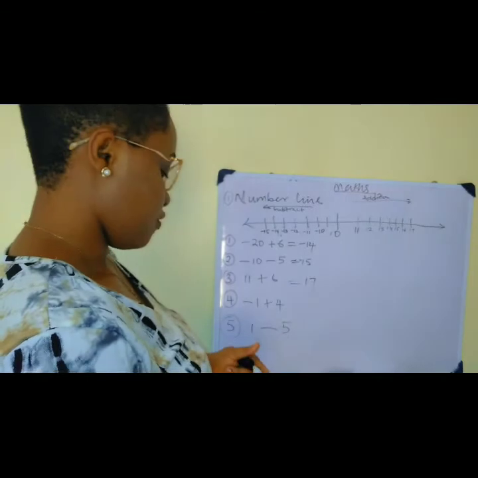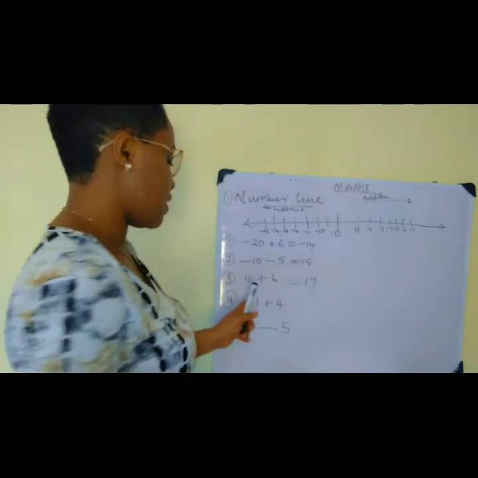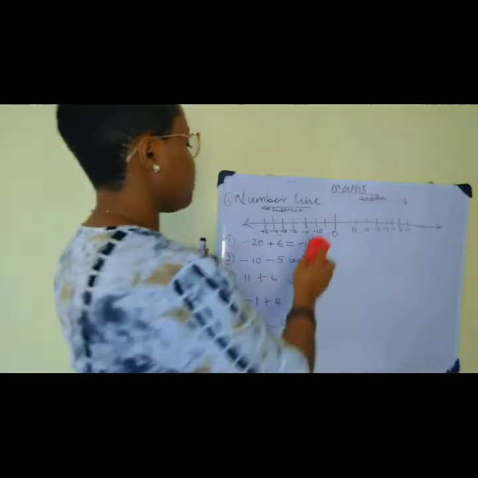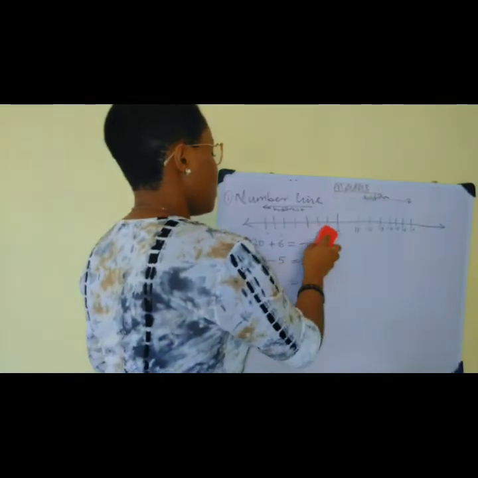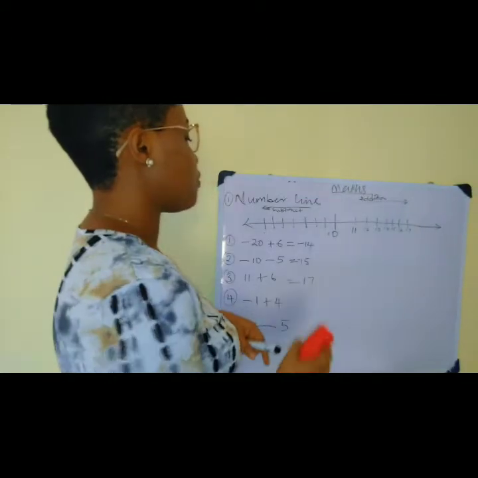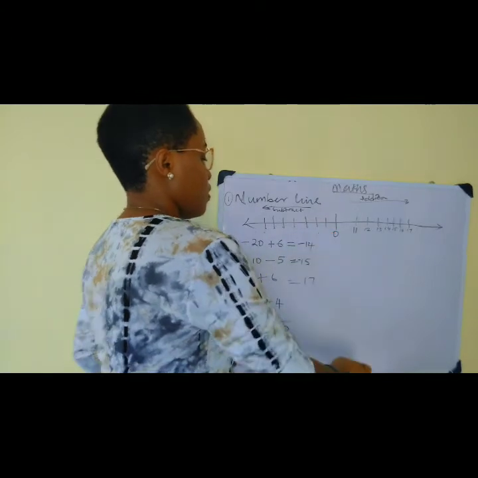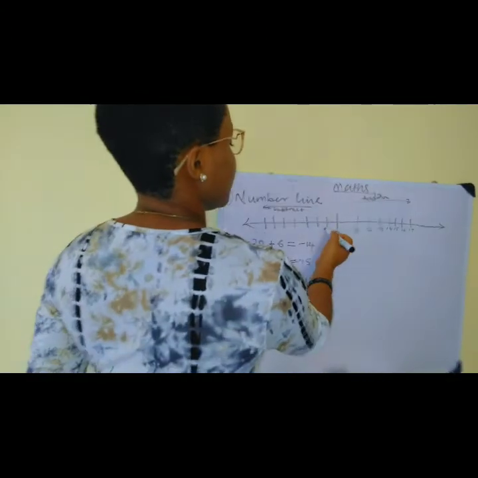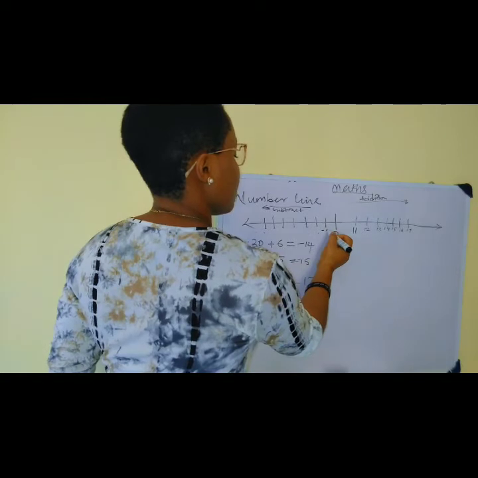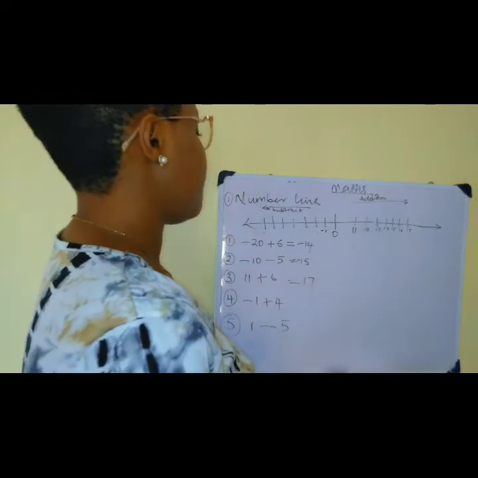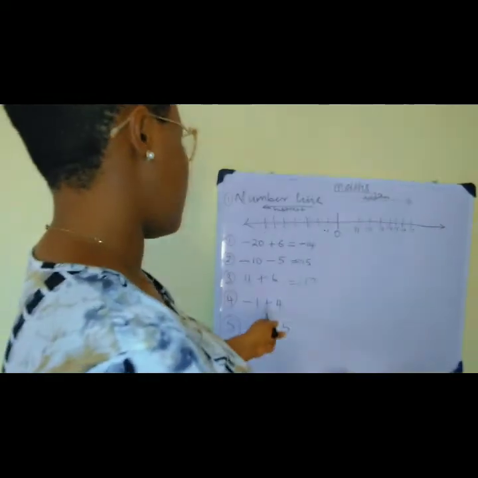Now this is the fourth question. The fourth question is a negative 1 plus 4. So let's place our negative 1 here. We're going this way because it's addition.